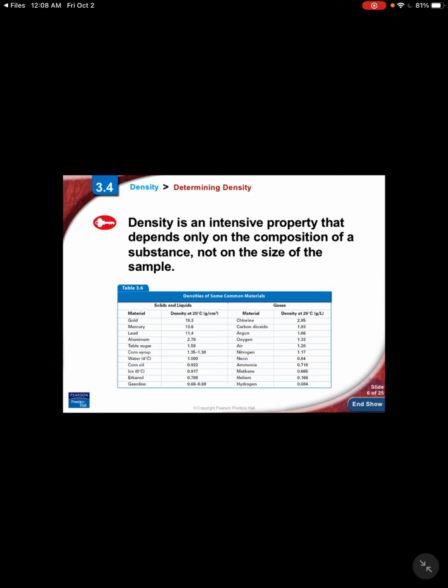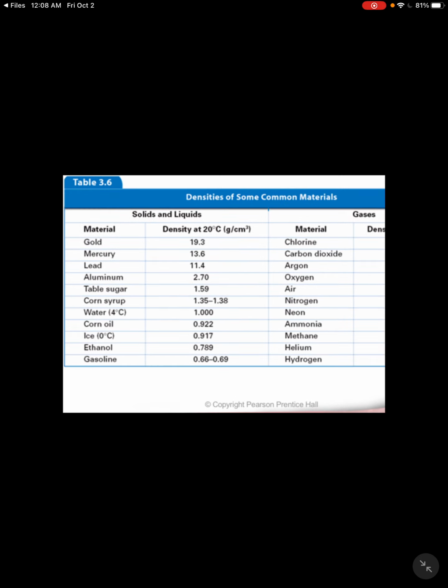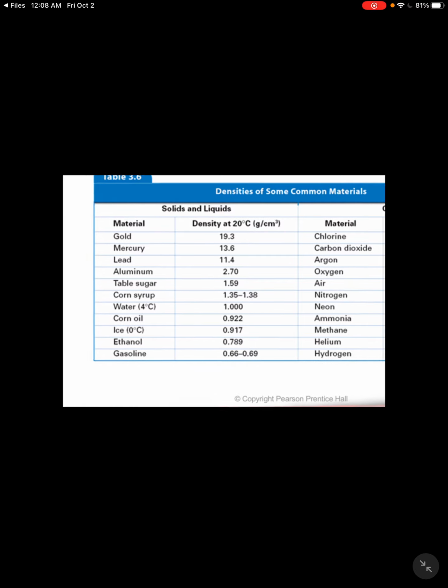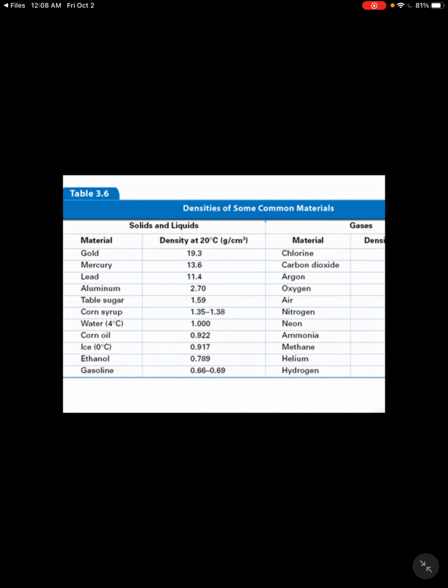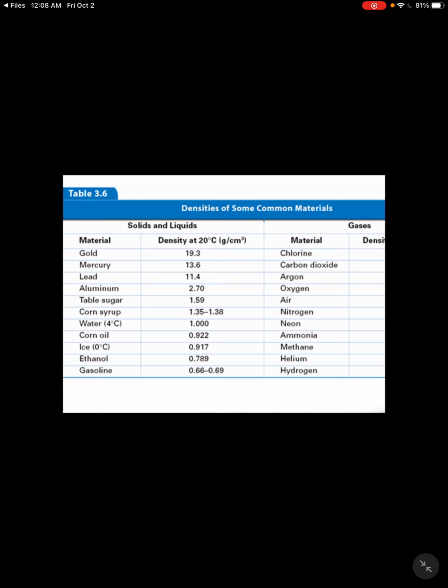So, density is something that you can look up in a table. If you're using your Flinn Scientific table of the elements, you will see it. It's a green value on the front page of it. And it's listed for all of these elements, and most of the elements are listed in grams per cubic centimeter or grams per mL.